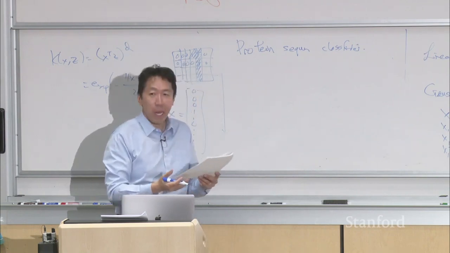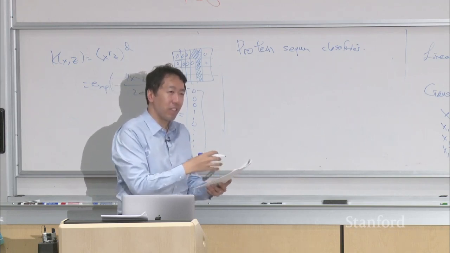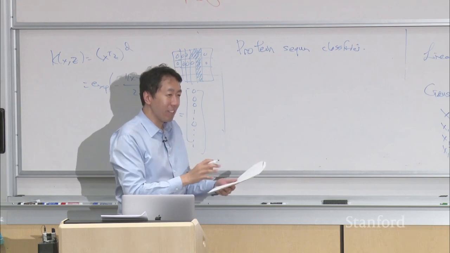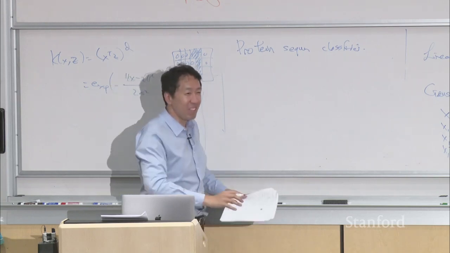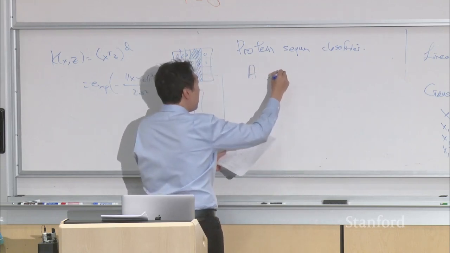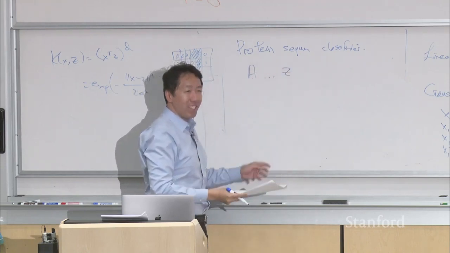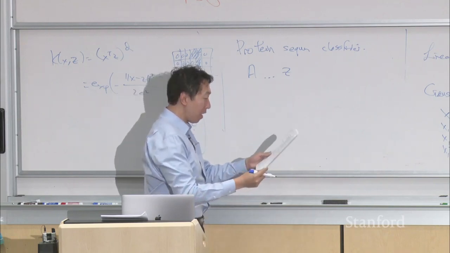And there are 20 amino acids. But to simplify the description and not worry too much about biology, and hope the biologists don't get mad at me, I'm going to pretend there are 26 amino acids, because there are 26 alphabets. So I'm going to use the alphabets A through Z to denote amino acids, even though I know there's supposed to be only 20, but it's just easier to talk with 26 alphabets.